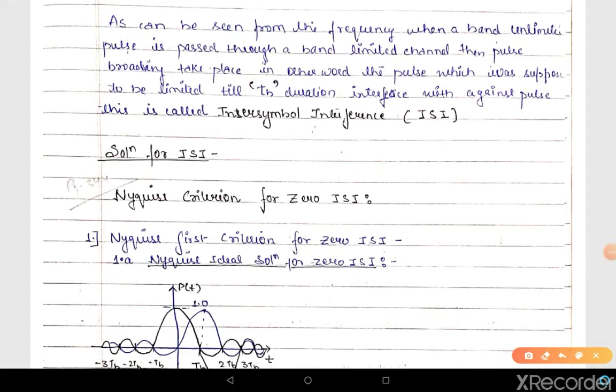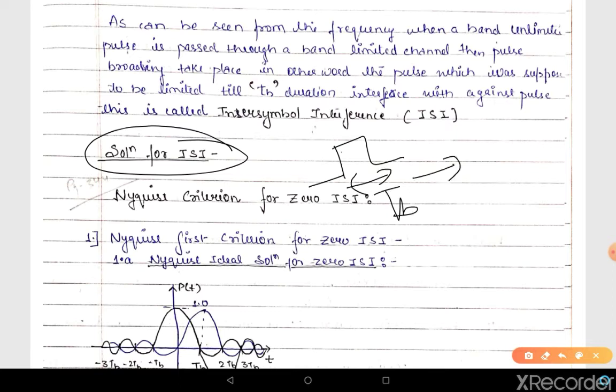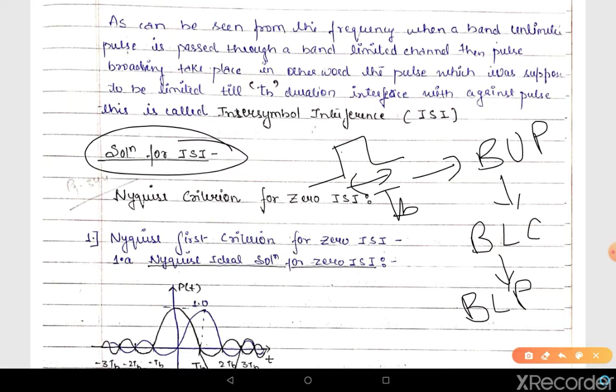So in this lecture we'll try to understand what is the solution of ISI. In the previous lecture we tried to understand what was the reason of ISI. The main reason of ISI was that when a pulse of the duration TB, which actually is a band unlimited pulse, is passed through a band limited channel, then at the output we get a band limited pulse, which causes the expansion of the pulse in the time domain like this.